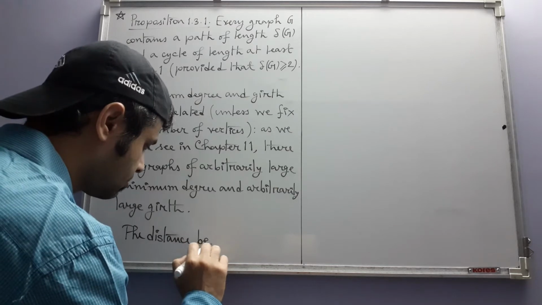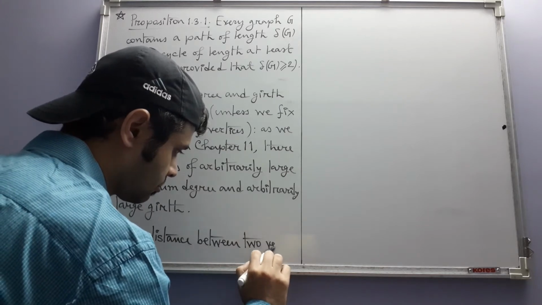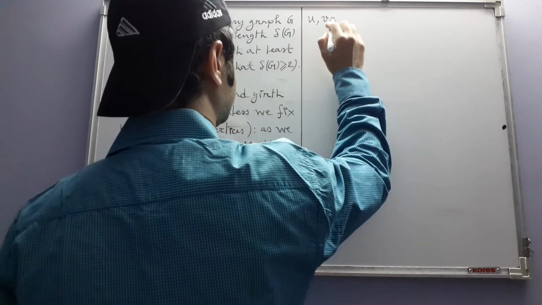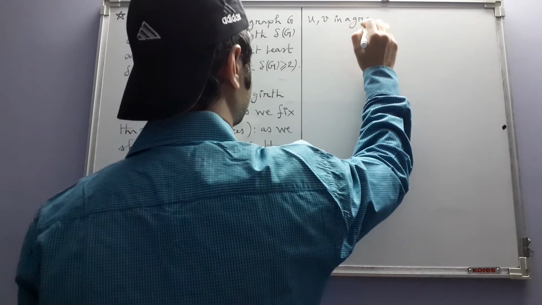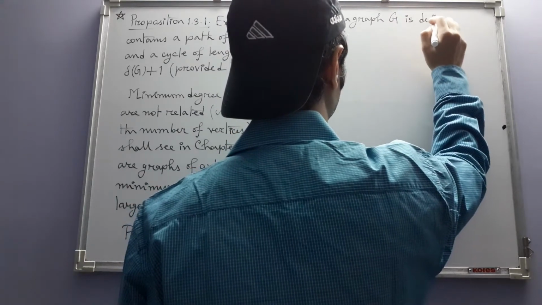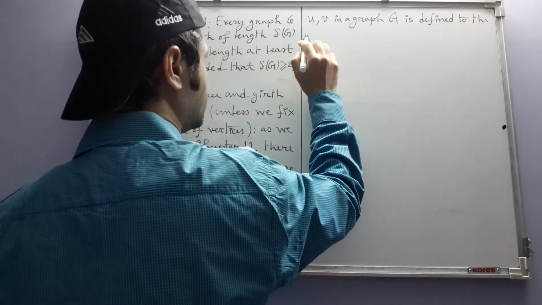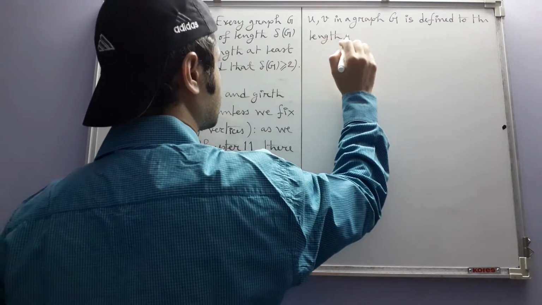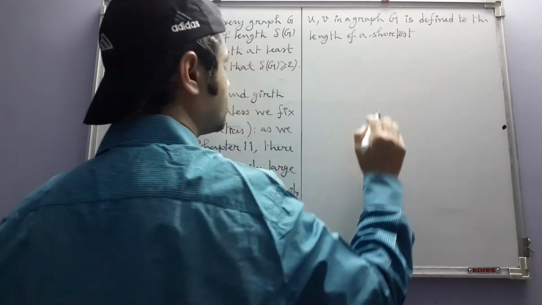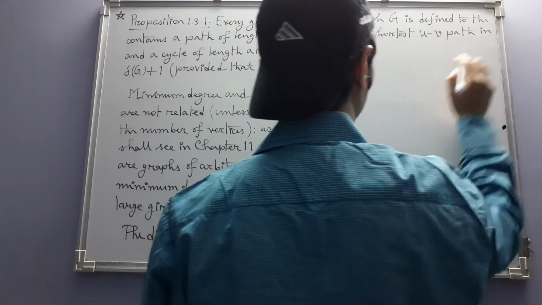The distance between two vertices, say u and v, in a graph G is defined to be the length of a shortest u-v path in G.